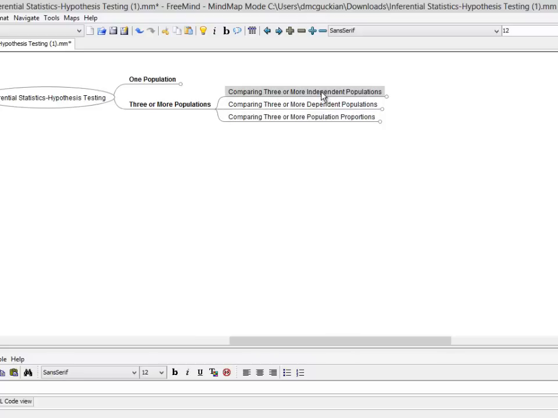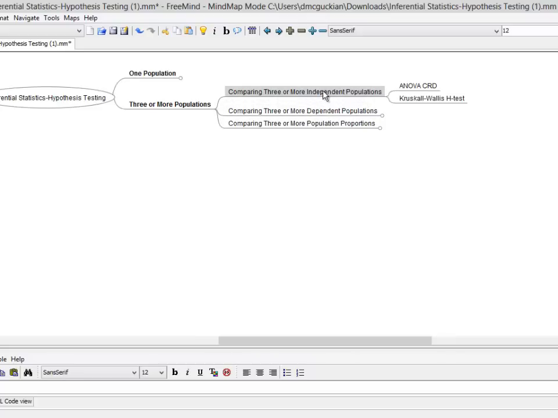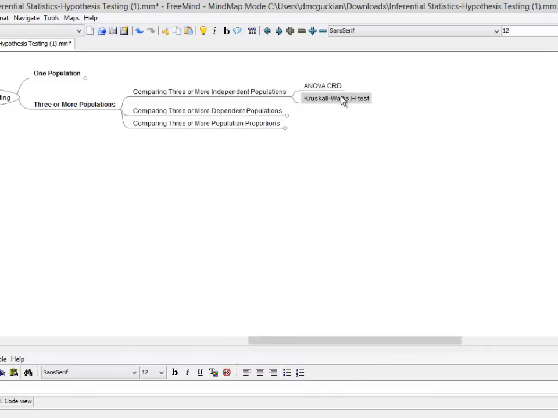So for the problems where we wanted to compare independent means, we had the Anova completely randomized design procedure. We also have the Kruskal-Wallis H-test, which was the non-parametric version of Anova CRD. So they're equivalent, except with the Kruskal-Wallis, you're saying that all the medians are the same, and with the Anova CRD, you're saying all the means are the same, right? And the Anova requires the normality assumption, where the Kruskal-Wallis does not.